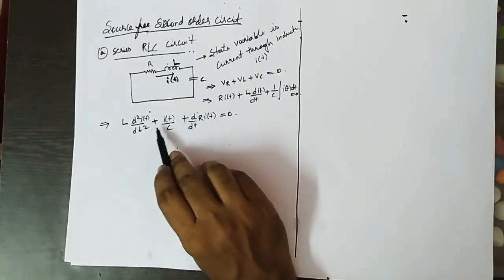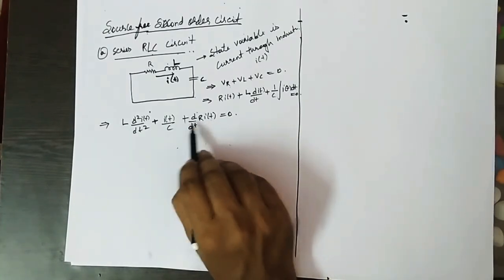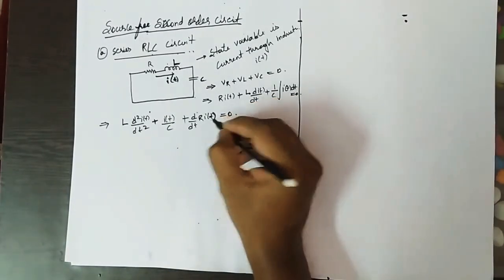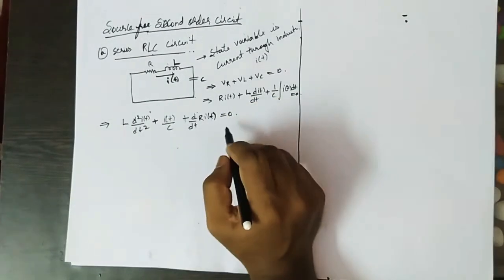If you look carefully, this is a second order homogeneous equation. This second order homogeneous equation contains only the natural response. There is no complementary response.